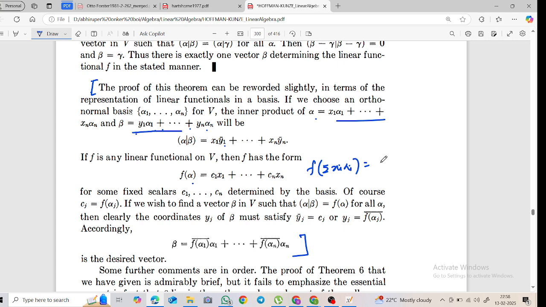After multiplying you get summation xi f of alpha i. So you can write ci to be f of alpha i. These are fixed constants because f is being evaluated on the basis. So you can write it as summation ci xi, where ci is f of alpha i.